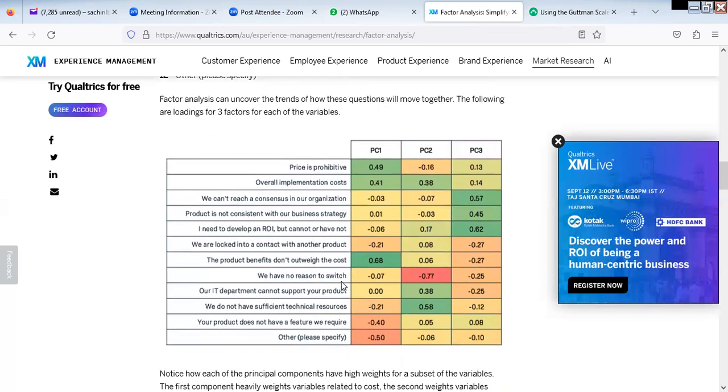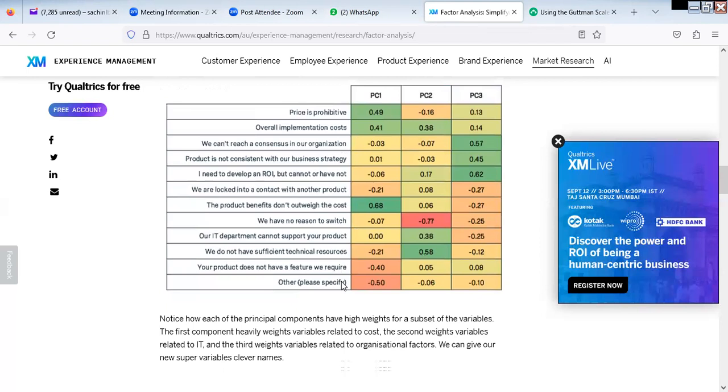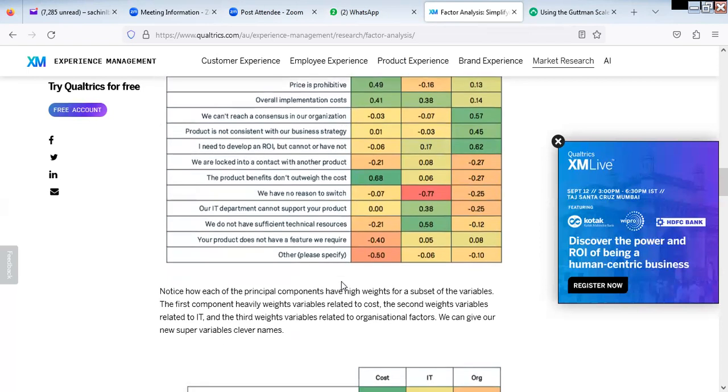There can be three factors in this analysis. When we created the questions, what is hidden inside is that one is related to cost, then related to IT, then third is related to organizational factor.